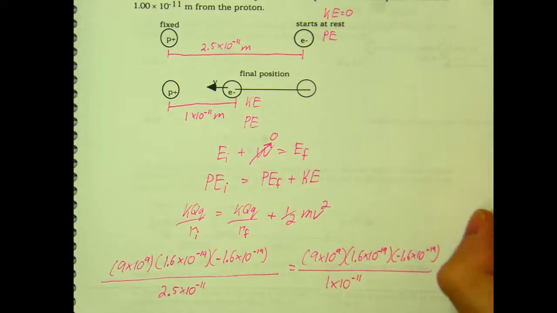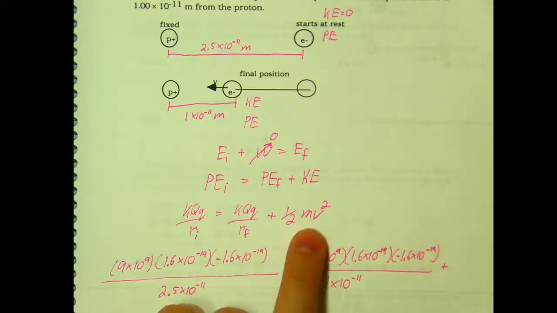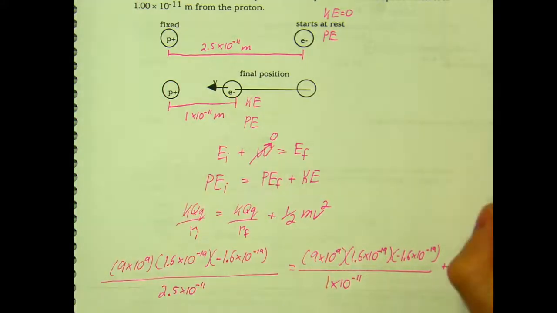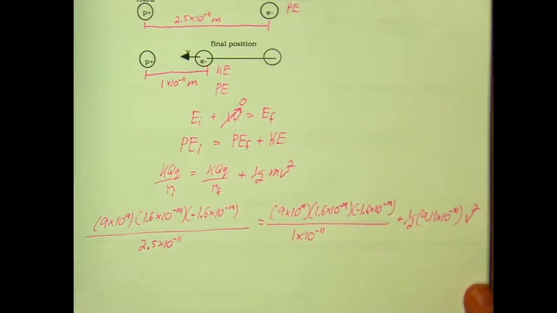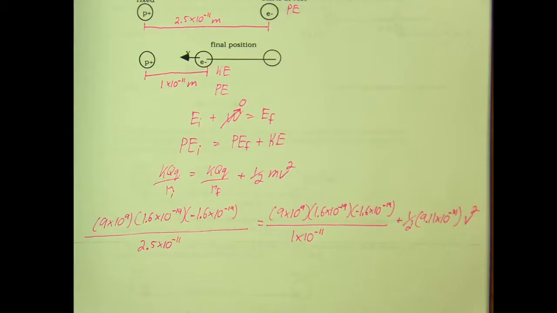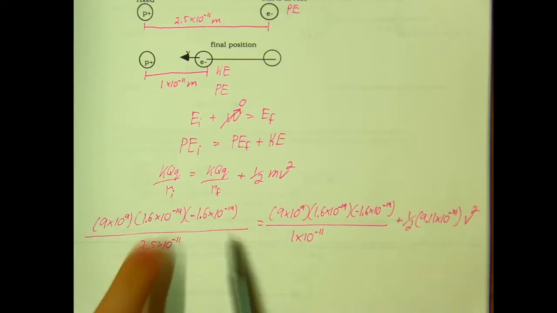And we're going to add to that the kinetic energy of the electron. So it's going to be 1/2 the mass of an electron, 9.11 times 10 to the negative 31, times v squared. And it's that v that we're looking for there. This is just some number.